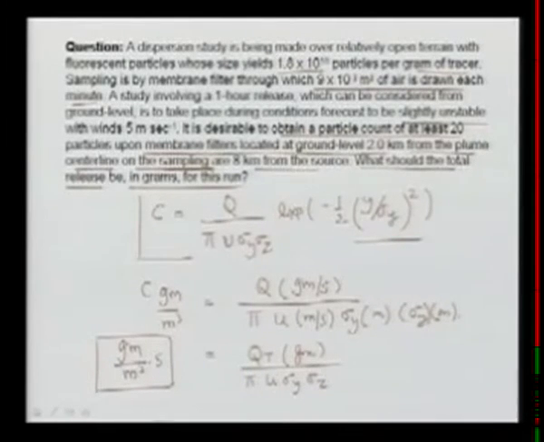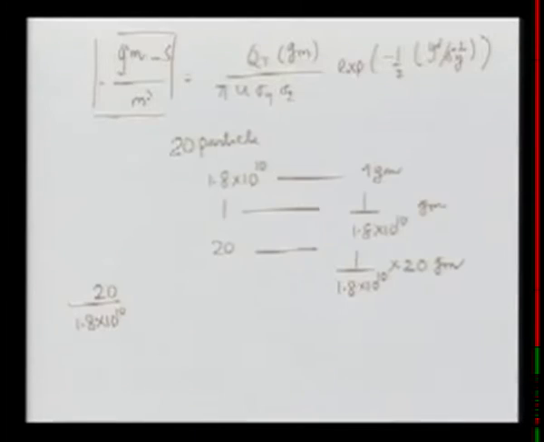So this is my 9 into 10 to the power minus 3, and the units will be meter cube per minute. This I can convert into seconds.